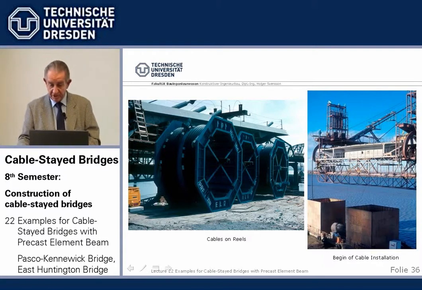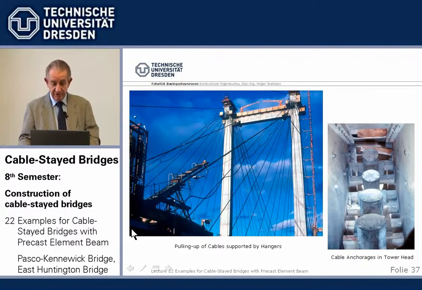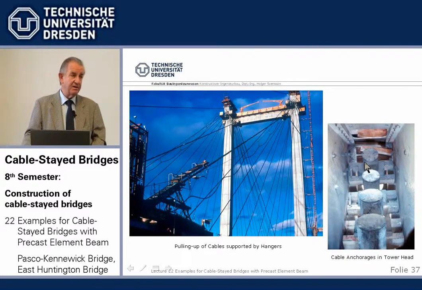So here they go up, this banana, as we called it, the cable guide, pulled up, and here we see what the picture was. We have the high line, we have the hangers, and we have the actual cable supported by the hangers pulled up, threaded into the passive anchorage in the steel tower heads.